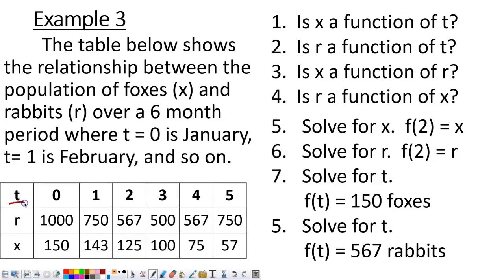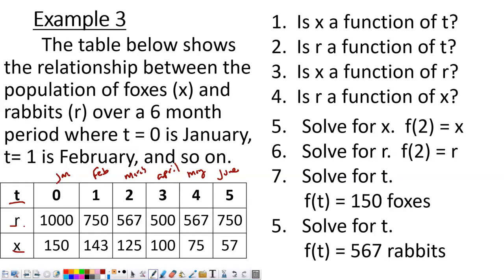So t is month, so this is January, this is February, this is March, this is April, this is May, and this is June. And this column here tells us the number of rabbits, and this row tells us the number of foxes. So what this means is that in January, t equals 0, there were 1,000 rabbits and 150 foxes in this habitat.